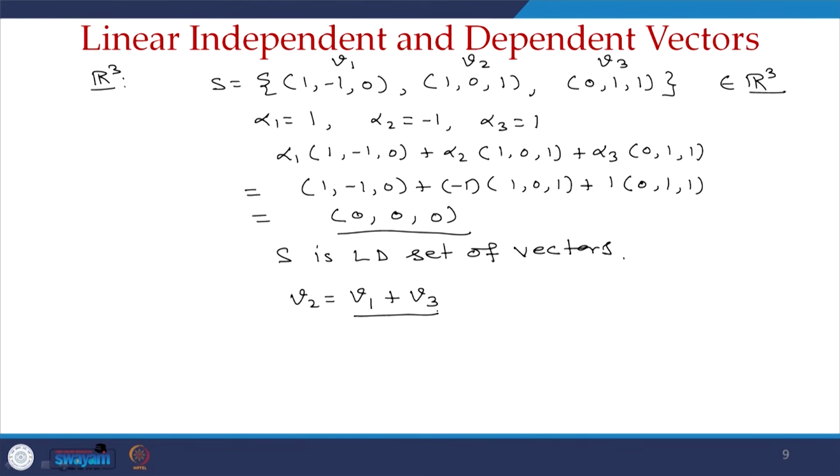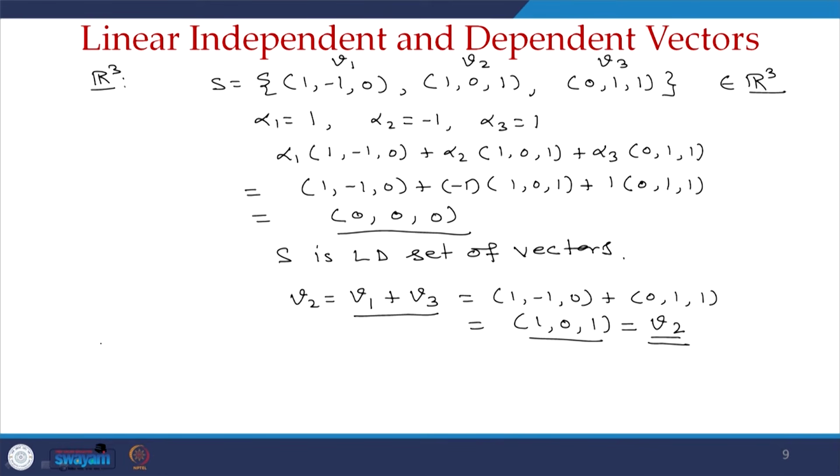There is a linear relationship between these vectors, and you can verify this: v1 is (1, -1, 0) plus v3 (0, 1, 1) gives (1, 0, 1), which is just v2. If alpha 1 v1 plus alpha 2 v2 plus alpha 3 v3 equals 0 holds only if the alpha i's are 0, then we say these are LI.